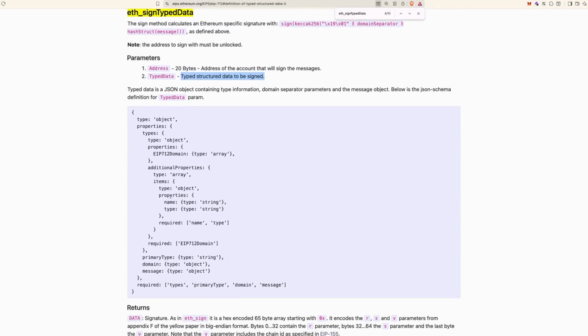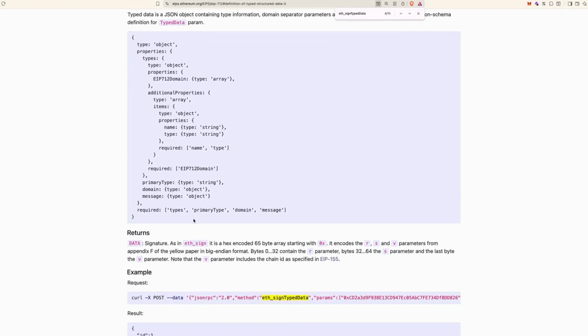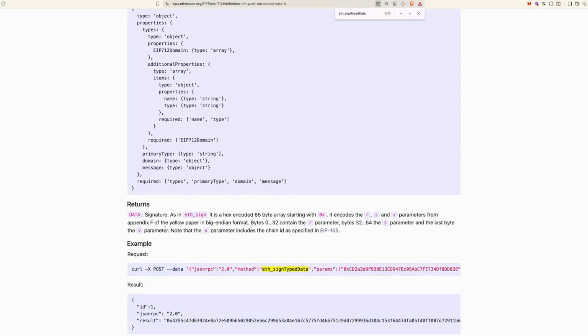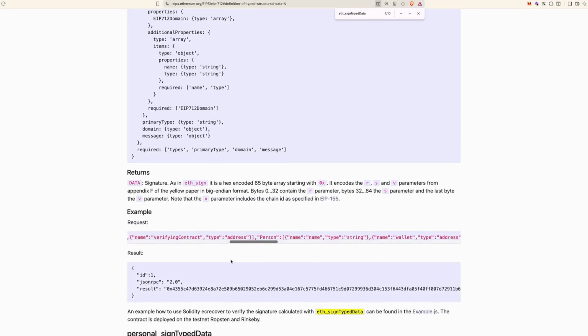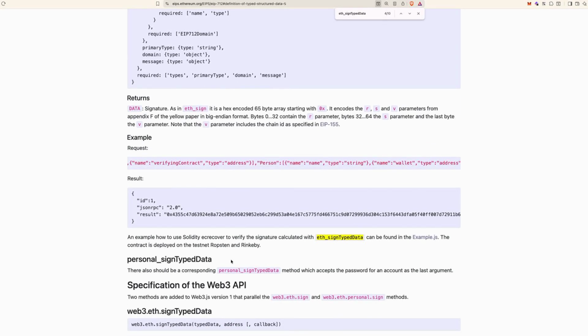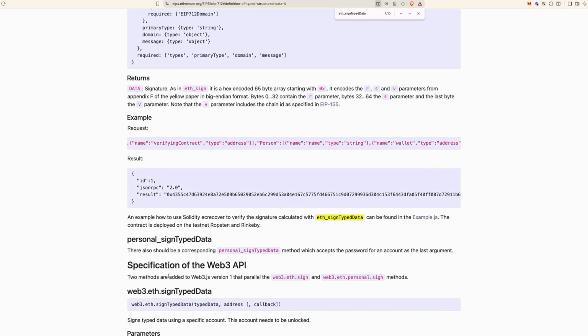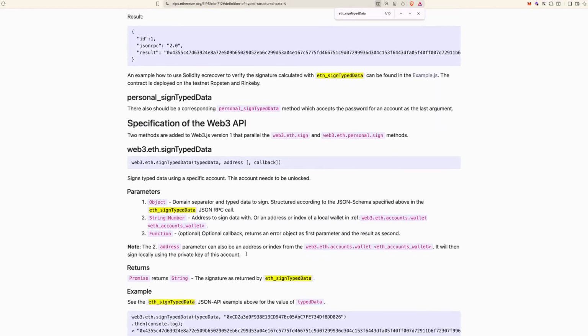Types, properties. Data. Params, types, name, version, type. This is the result. There also should be a corresponding personal sign type data method which accepts the password for an account as the last argument.